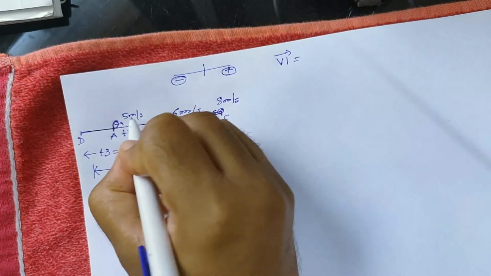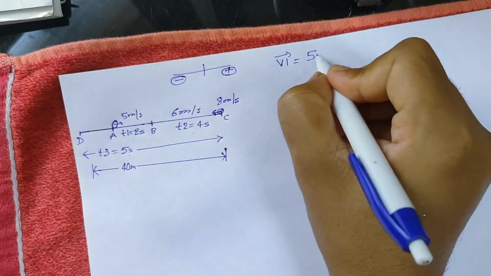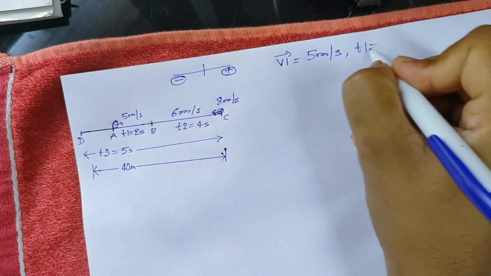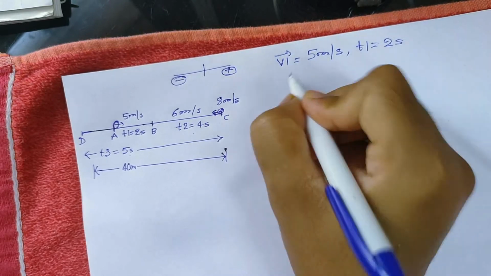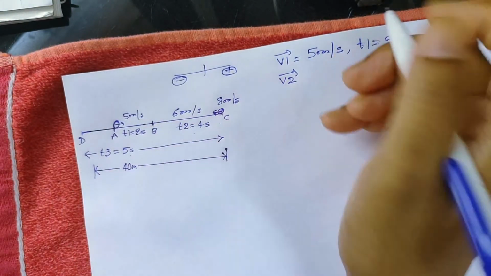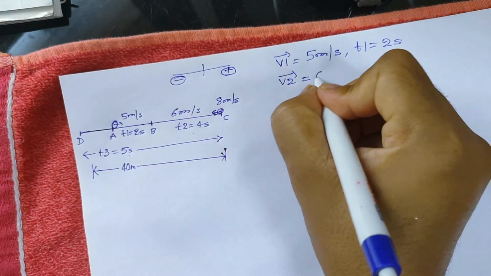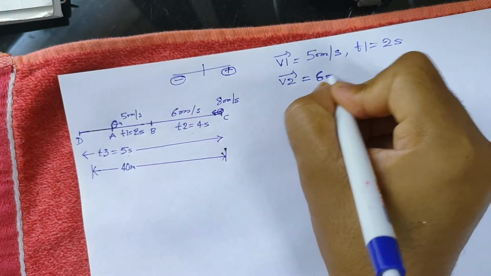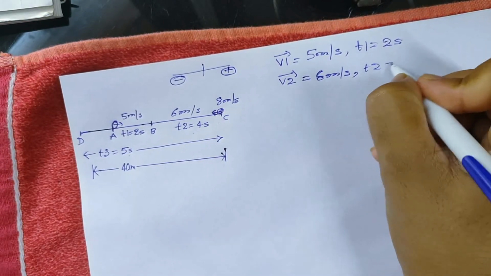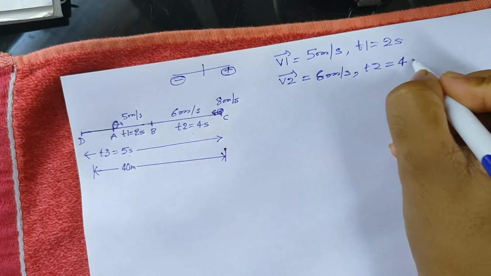What is the value of v1? v1 is 5 meter per second. Fine. t1 is 2 seconds. The value of v2 is in this direction, so it is plus 6 meter per second. Okay, and t2 is how much? 4 seconds.